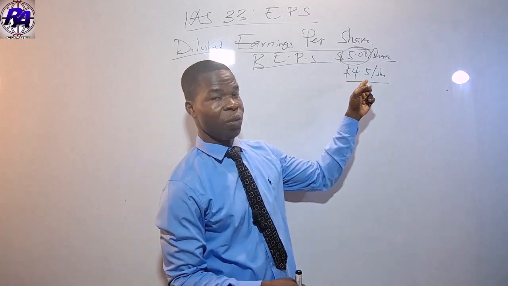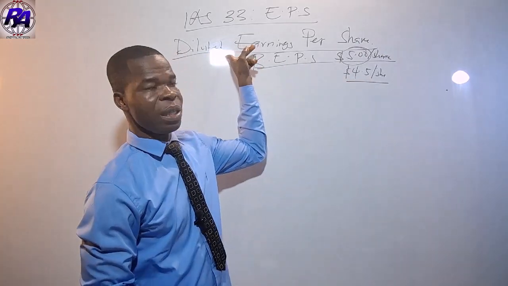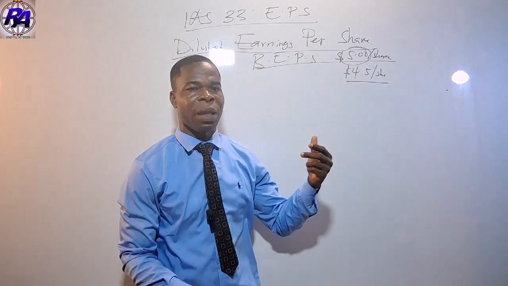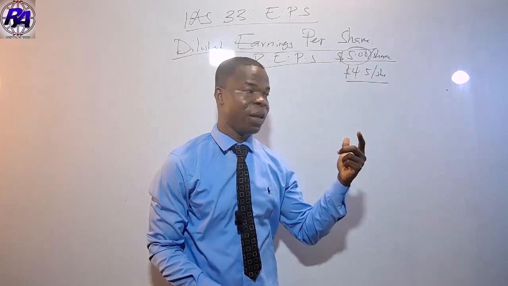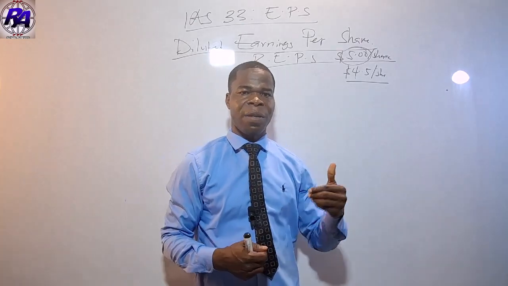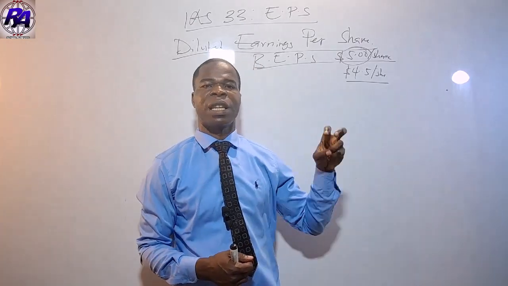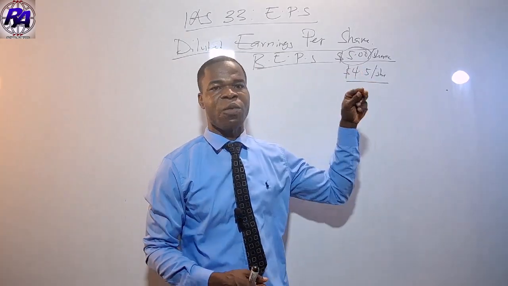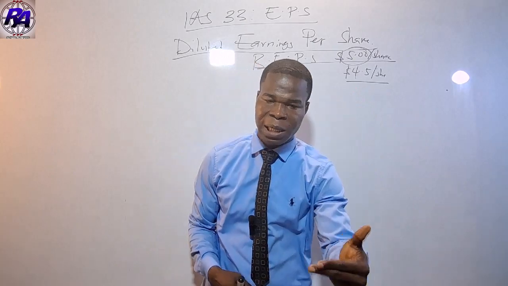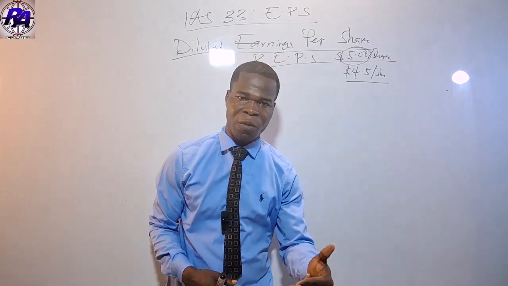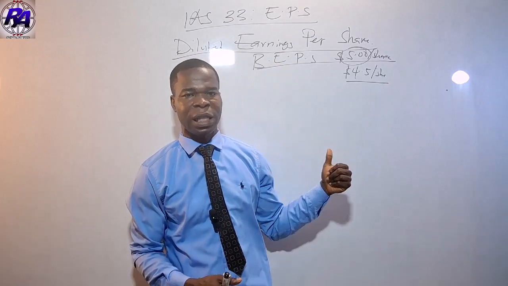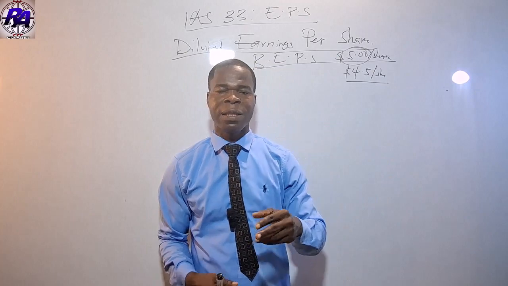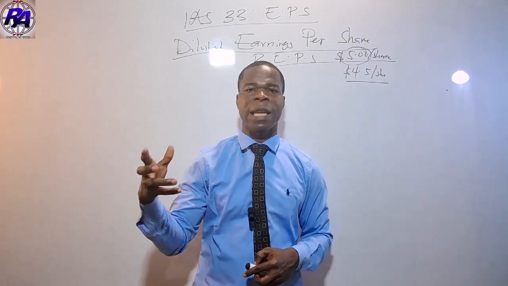Now I'll go into details on what accounts for diluted earnings per share, the circumstances or situations that account for it. But with this, I'm saying that anytime the basic earnings per share has been reduced as a result of some happenings or circumstances in the business, then we are looking at diluted earnings per share.